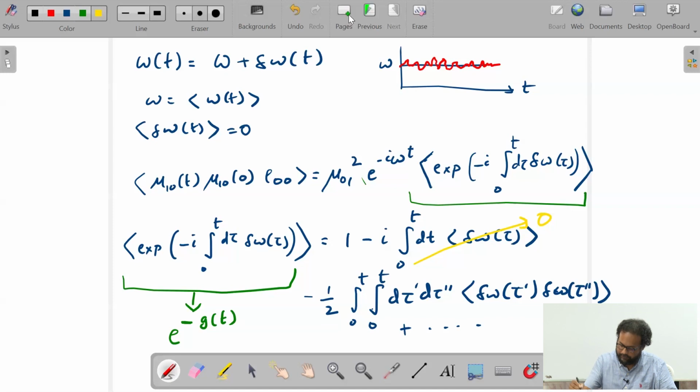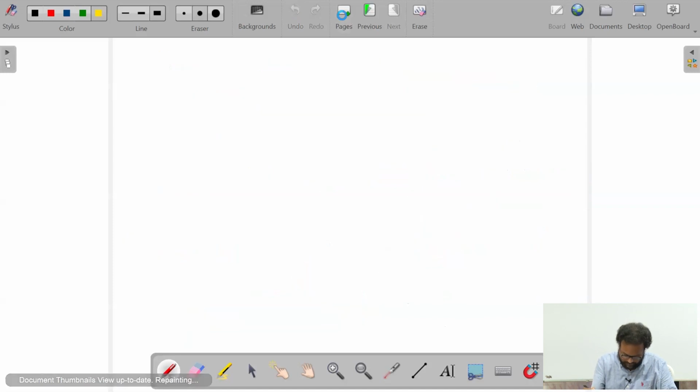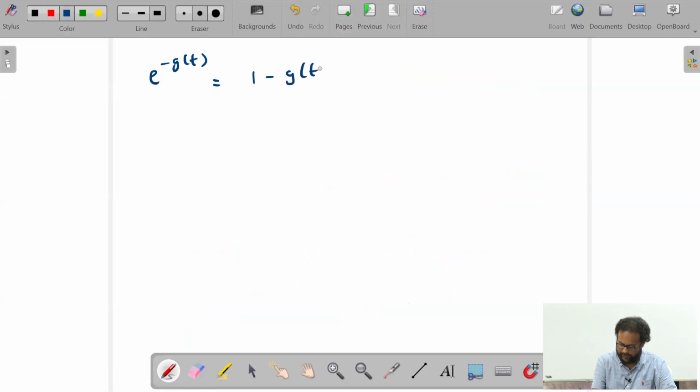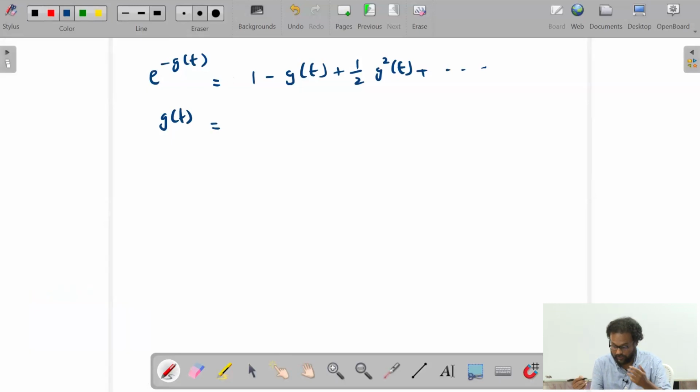So remember this part here, we'll come back to that. I should be able to write my e power minus g of t as 1 minus g of t plus half g squared of t, and so on and so forth. Now, I can expand g of t itself, as noted earlier, in powers of delta omega.